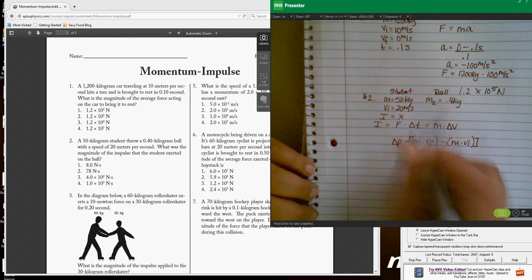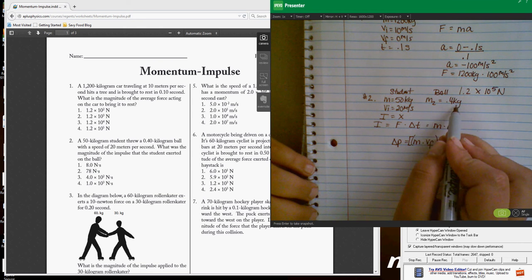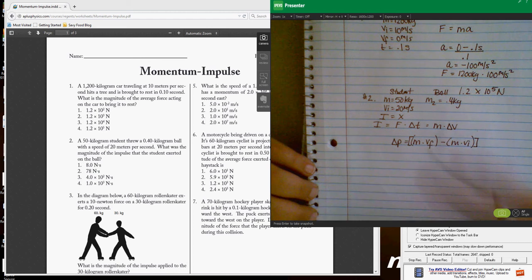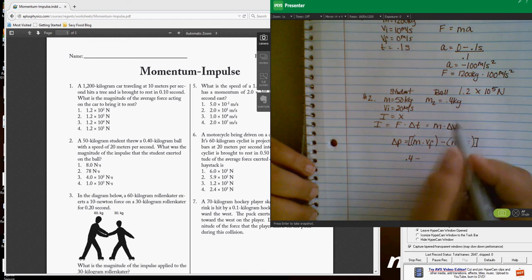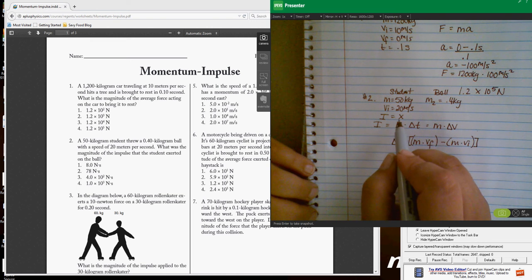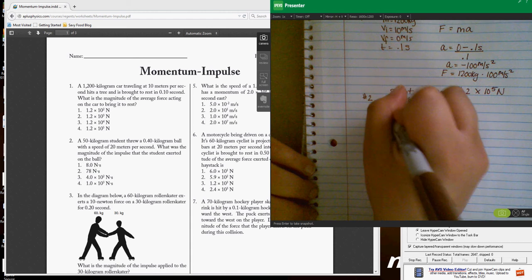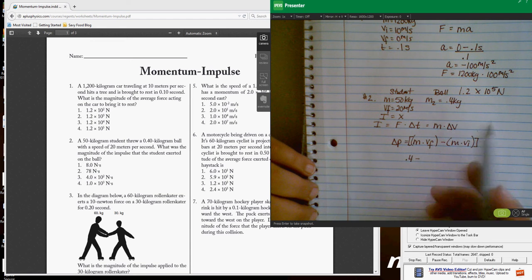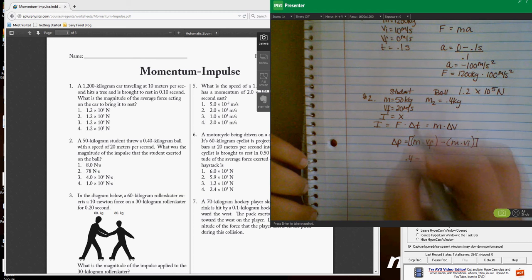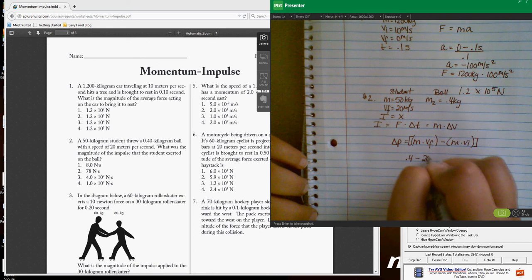So the mass that we have, final, which is the 0.4, because that's the ball being thrown, times the final velocity, which is the 20. This should be final velocity, because this is the ball being thrown afterwards, and that's the speed that it had reached. So that's 20 meters per second.